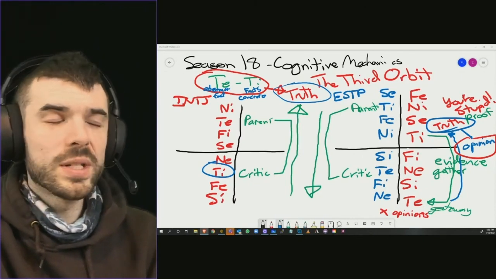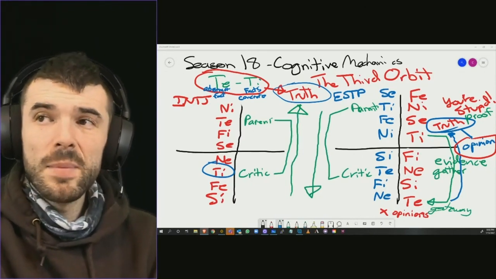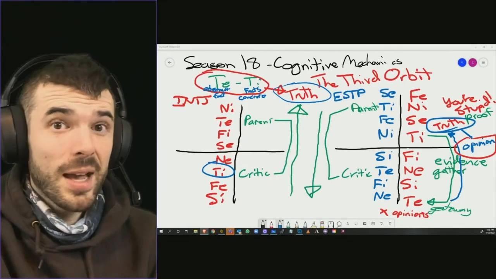ENFPs do this all the time. ESFPs do this all the time, but it's especially bad with ENFPs. Even INFPs do it.